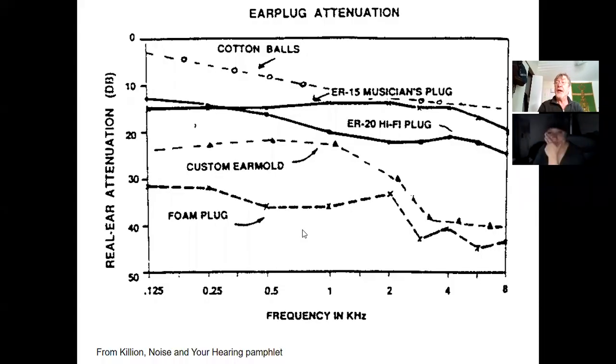Don't worry about it. I'm just pointing out the sponge. Those types of earplugs, go back to the screen, attenuate by about 30 to 35. And then in the high frequencies, they really knock out the sound. Now, what do you think that's going to do for the understanding of speech?